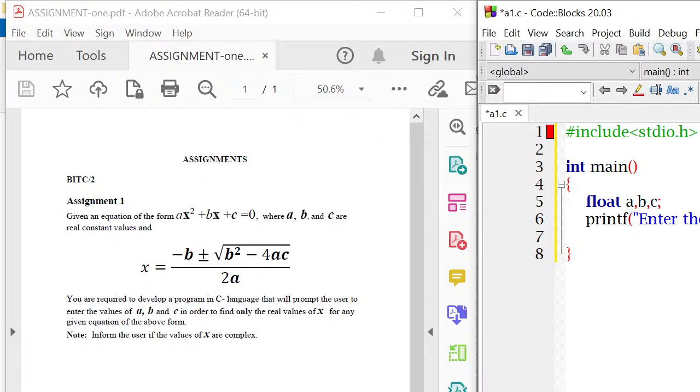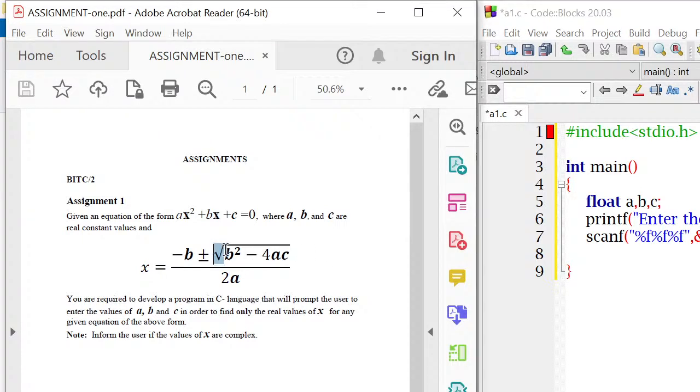It's going to prompt the user to enter the values of a, b, c. Then we are going to capture them as floating point numbers a, b, and c.